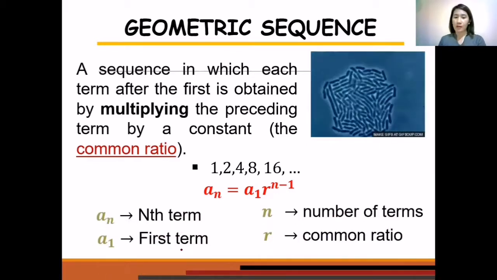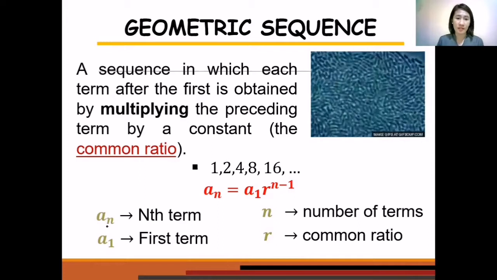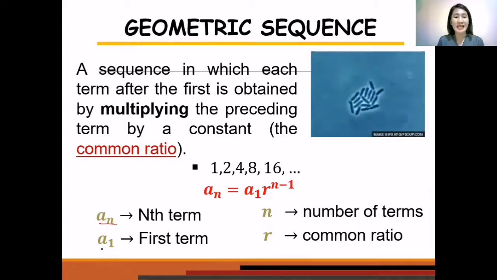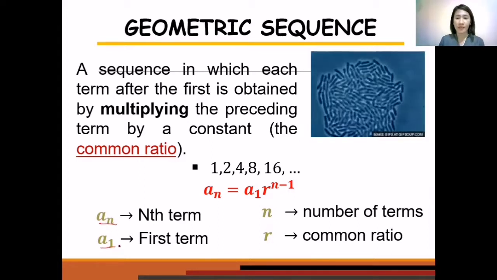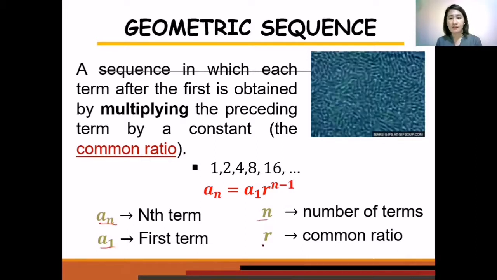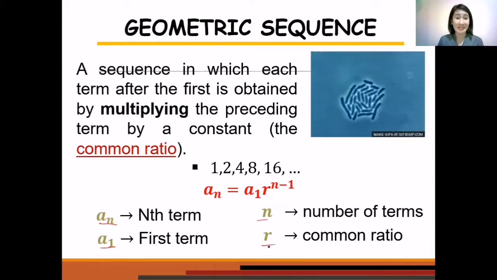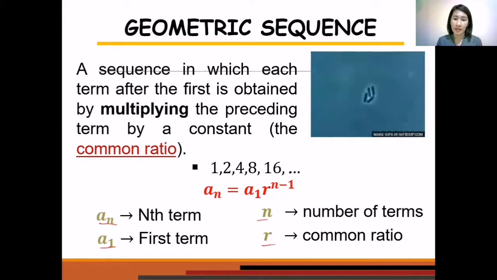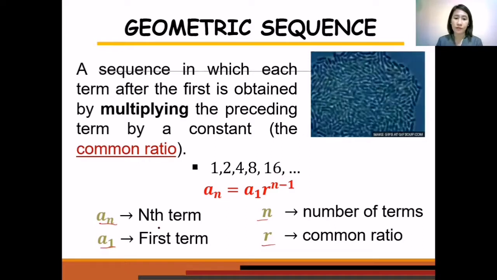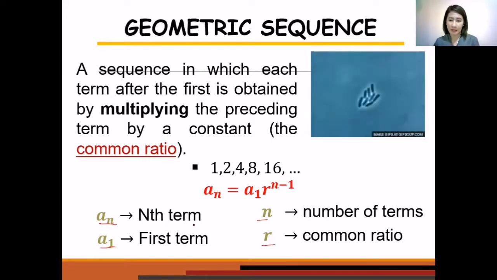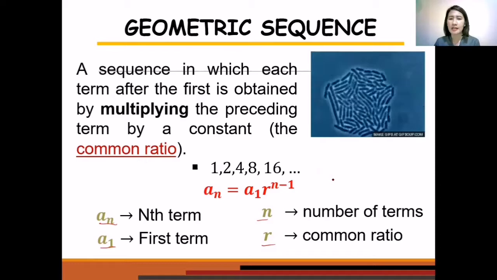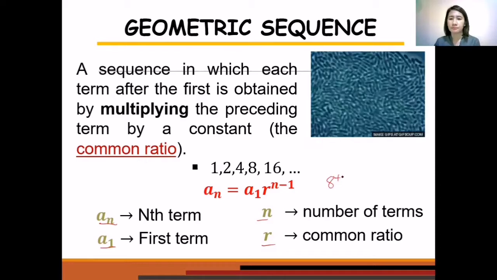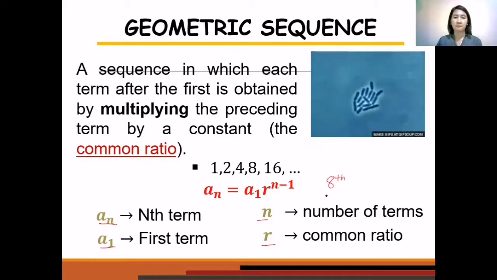So we are aware already that A sub n is the nth term, A sub 1 is the first term, N is the number of terms and R is the common ratio. So let us identify each on this given sequence. So you have 1, 2, 4, 8, 16. So if we're looking for the 10th term again, or let us say 8th term, para maiba naman.